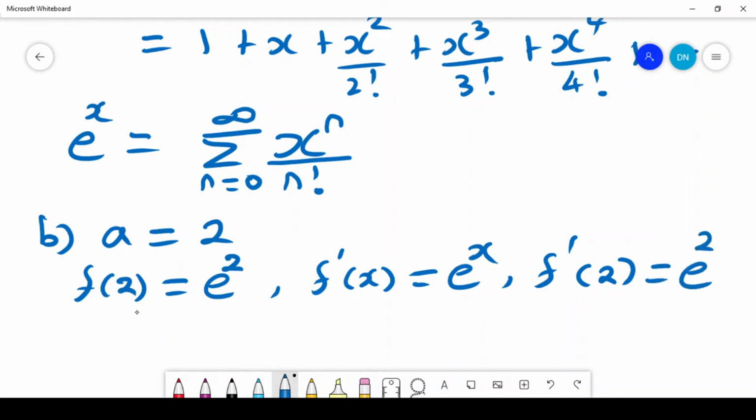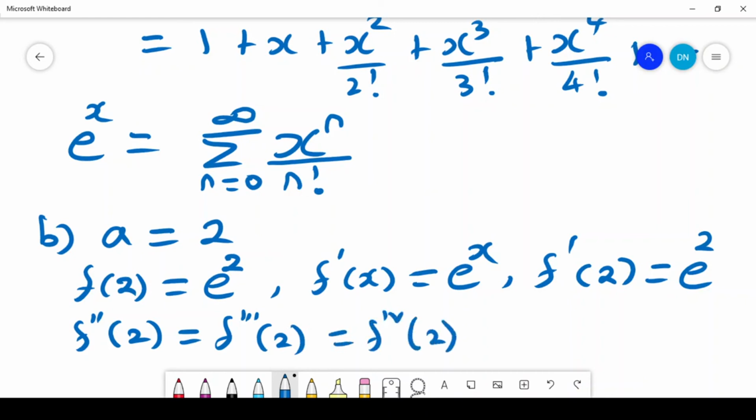So basically, the second derivative at 2, the third derivative at 2, and the fourth derivative at 2 will all give me e raised to power 2.